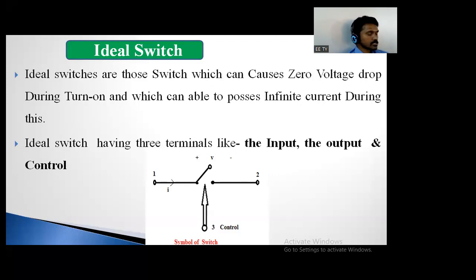Is it right? For that purpose we use the controlling port. It is clear how much voltage and power we require at the output side. Accordingly, we need to design the controlling circuit. So for that purpose we use the third pin, the controlling unit or control port.